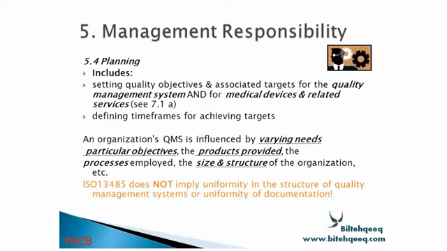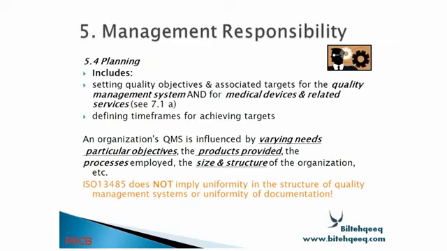An organization's quality management system is influenced by varying needs, particular objectives, the products provided, the processes employed, and the size and structure of the organization. So the quality management system of different organizations will be different because it is influenced by the needs, by the objectives, by the products, by the processes, and the size and structure.